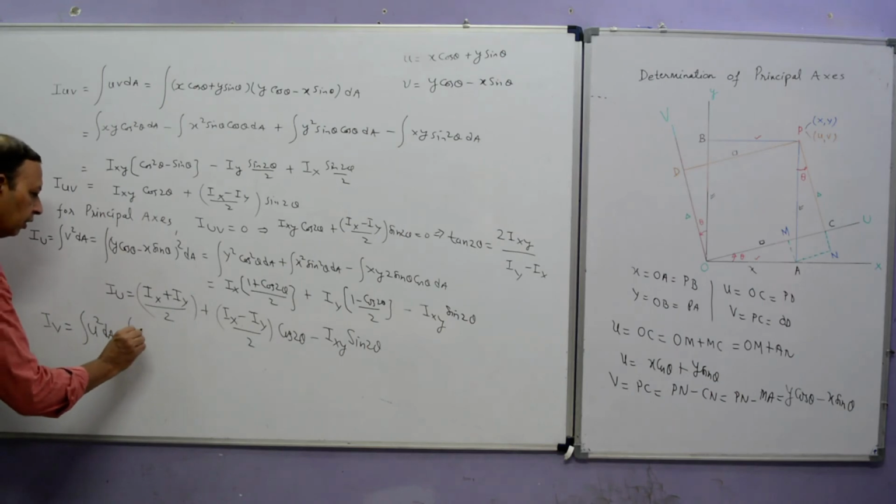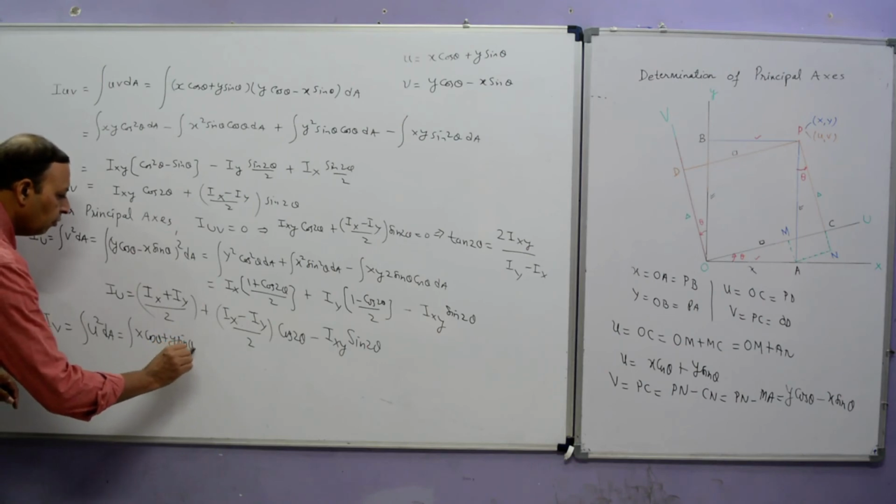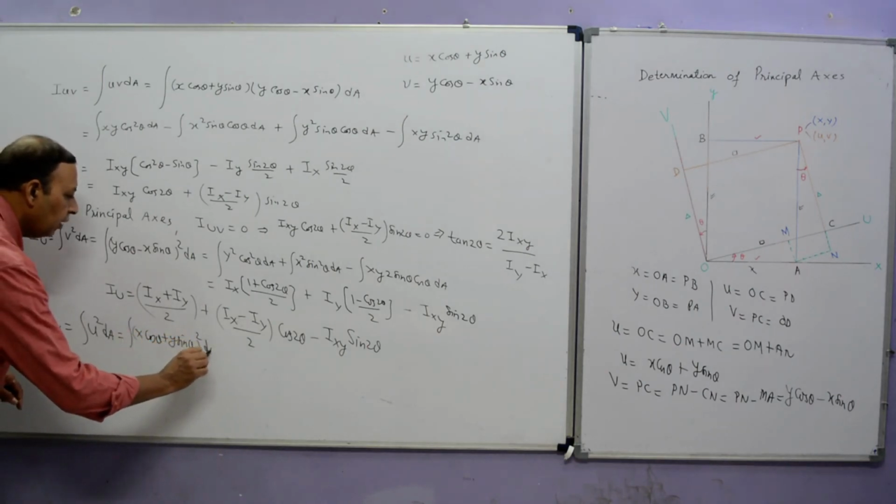Then finally we will derive this u square dA. We can write x cos theta plus y sin theta, squared, dA.